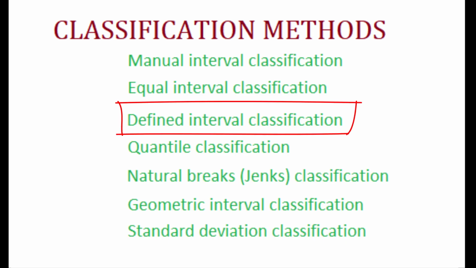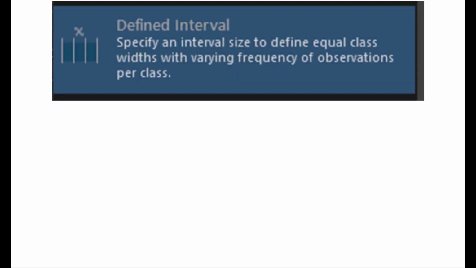The third is defined interval classification, another method of ArcGIS Pro. What is this? It is actually similar to an equal interval method. However, it is the user that defines the interval size first. We define the interval size here, and the number of classes will be calculated for us.